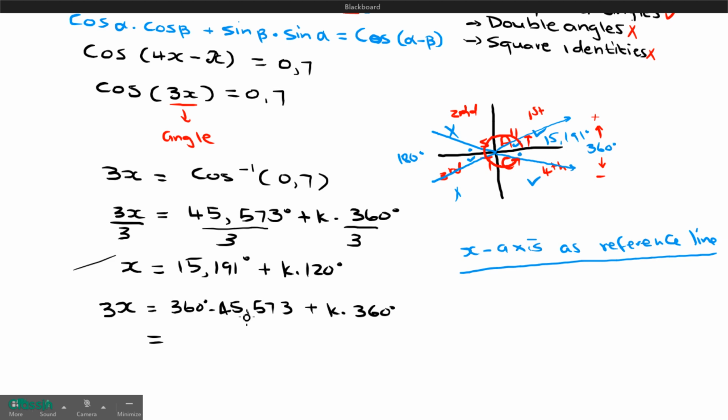If you say 360 minus 45,571, you get 314,427, plus k times 360 degrees. This is our 3x. So we divide this by 3, we divide this by 3, and we also divide this by 3.